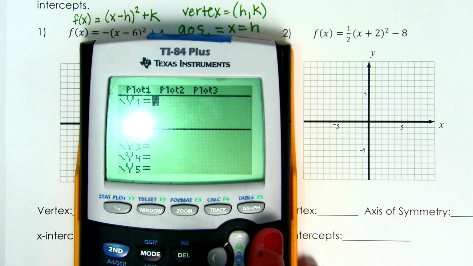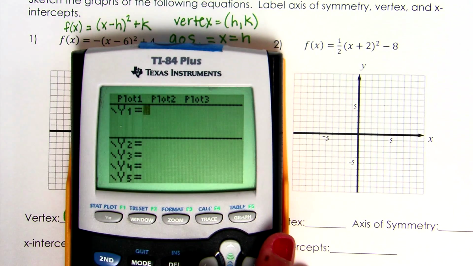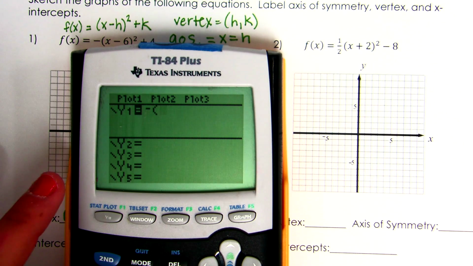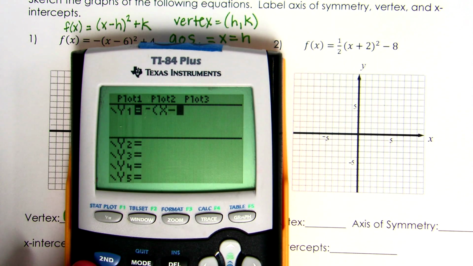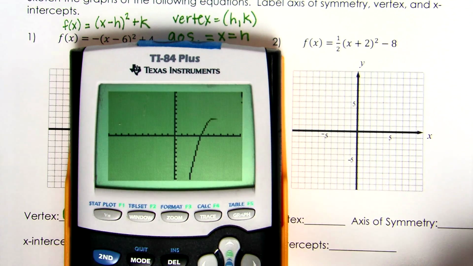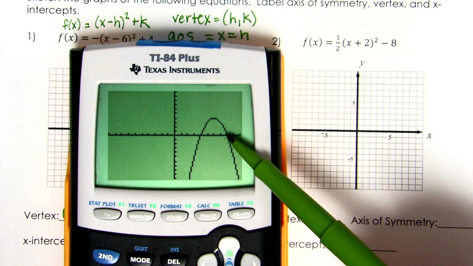And in my calculator, I'm going to enter the equation: negative (x minus 6) squared plus 4. And I can look at the graph, and I can see that it's going to have two x-intercepts, where it touches the x-axis, that are both positive x values.